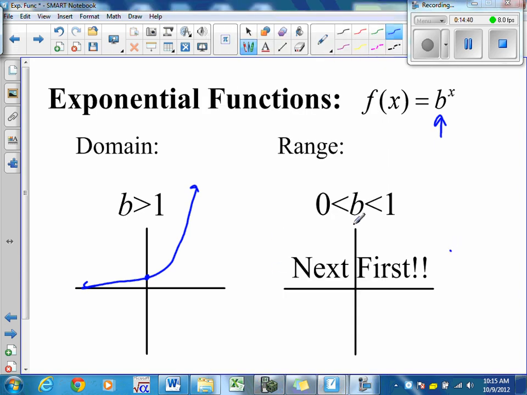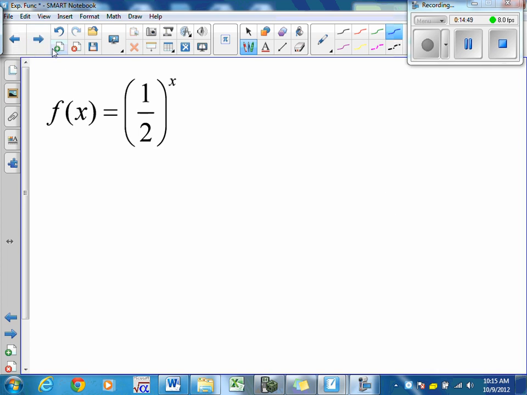Now, what happens when I have a number less than 1? Let's go on to the next page here and we'll come back. Let's say I have a number less than 1. This is my b. This is my base. Now, let's do a little work here.